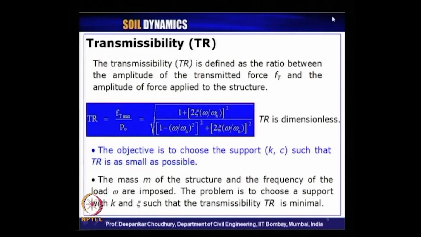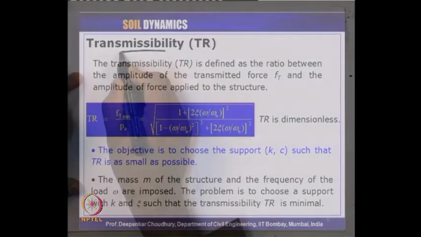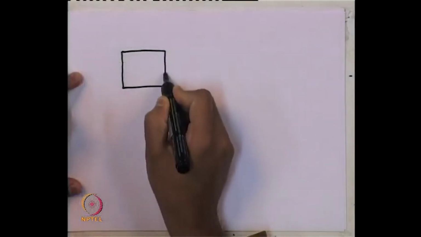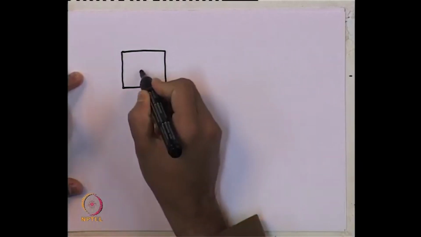Now, let us see how we can obtain the expression for transmissibility ratio. Let us derive it. So, let me draw a single degree of freedom system here with a rotating imbalance.